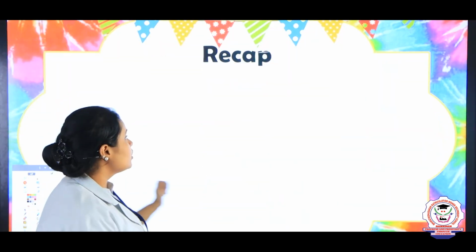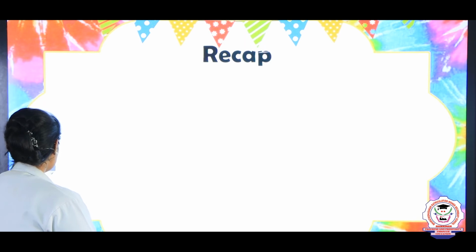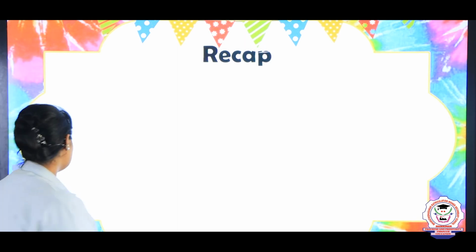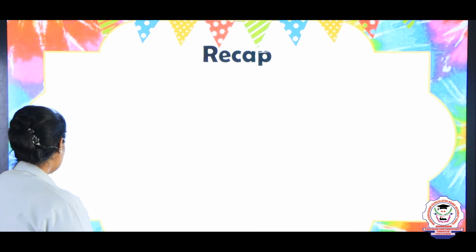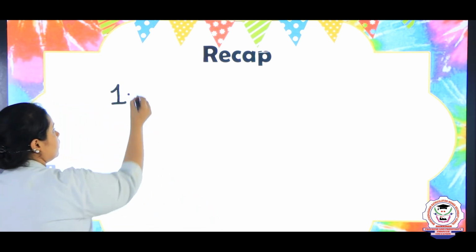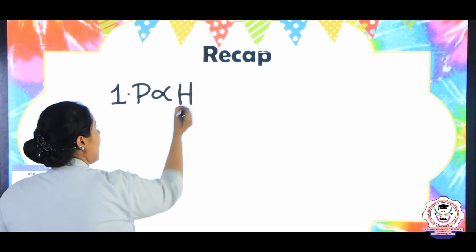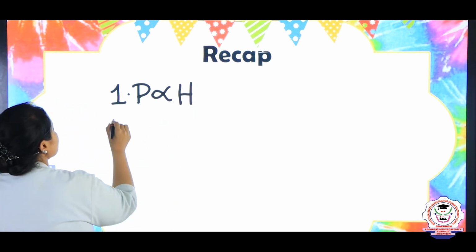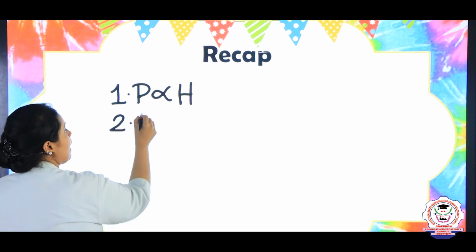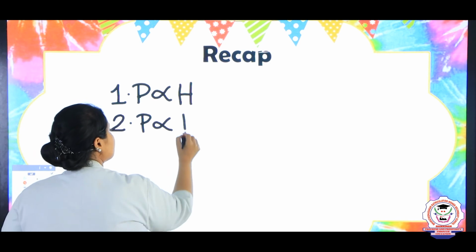Yes. So children, now let's see what we have discussed in this lesson. Okay. So in this lesson, first we have seen what? We have seen that whenever we are talking about the pressure, pressure is directly proportional to the height, right? Then second thing which we have seen is, pressure is always directly proportional to the density.